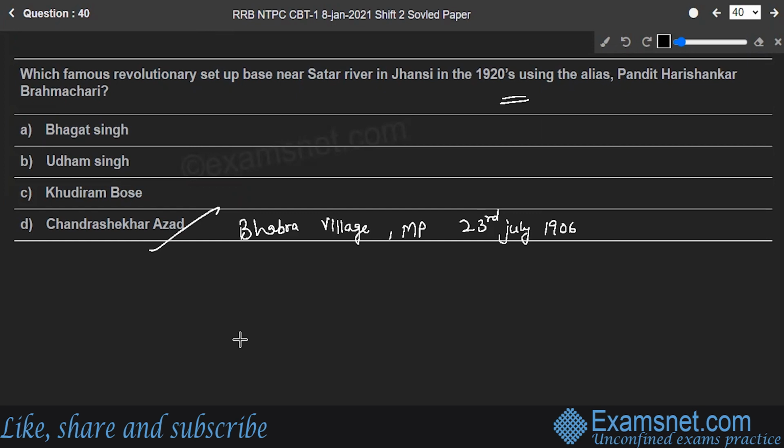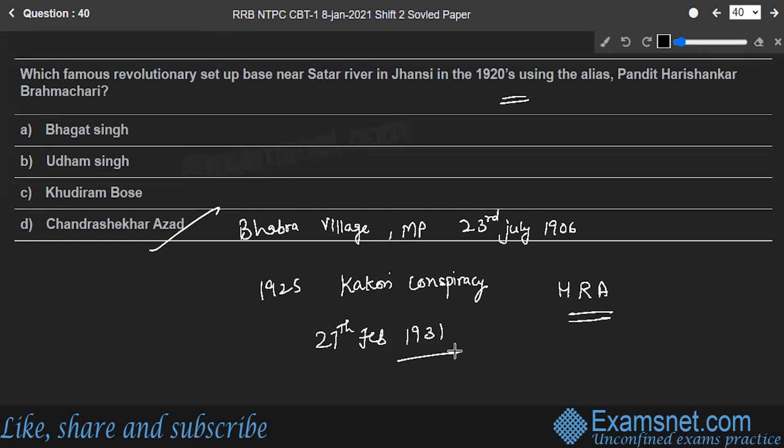Azad was involved in 1925 Kakori conspiracy, wherein a train was robbed by Hindustan Republican Association. On 27 February 1931, Azad was killed in a gun battle with two police officers at Allahabad's Alfred Park.